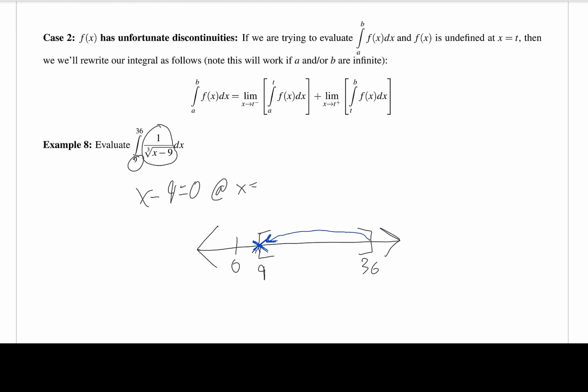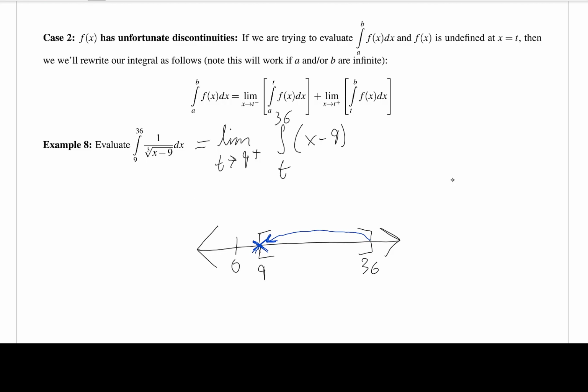So once we have that, we can rewrite our integral as the limit as t approaches 9 from the right of the integral from t to 36 of x minus 9 to the negative 1/3 dx.